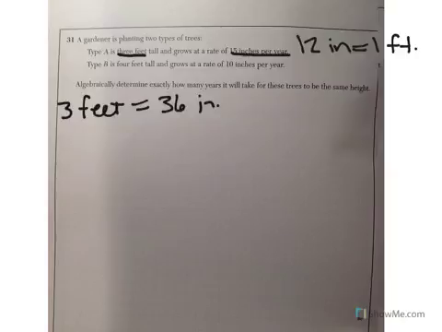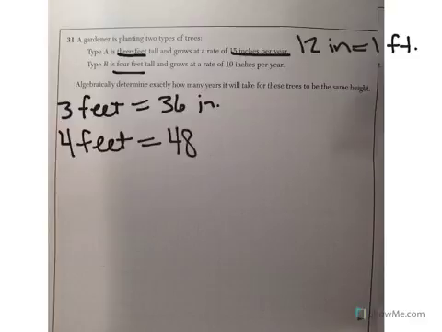So all I had to do was multiply 3 by 12 to get 36. In type B, that's 4 feet, and if we multiply 4 by 12, I'll end up with 48, and that's how many inches for type B. That's how tall the tree is for type B.